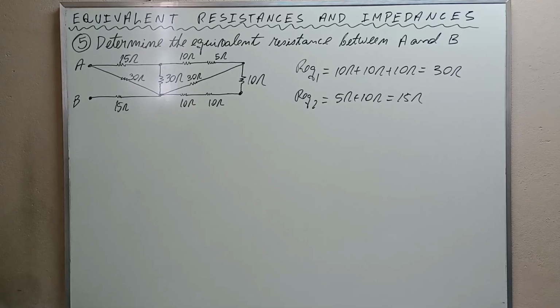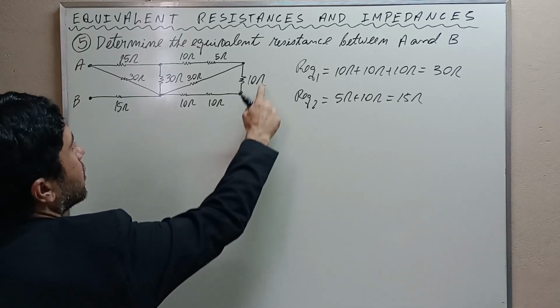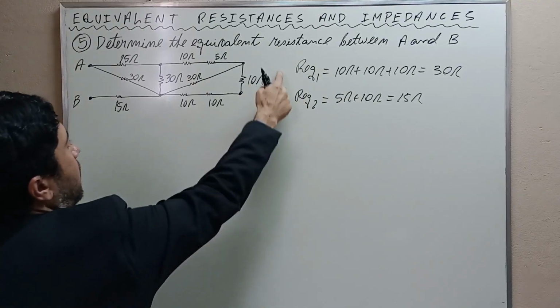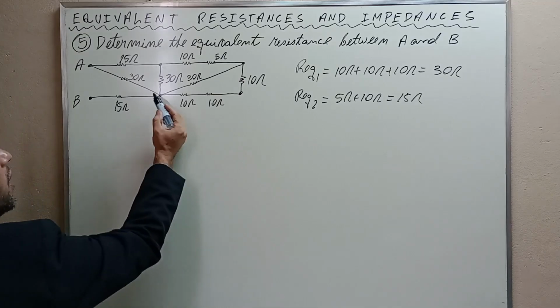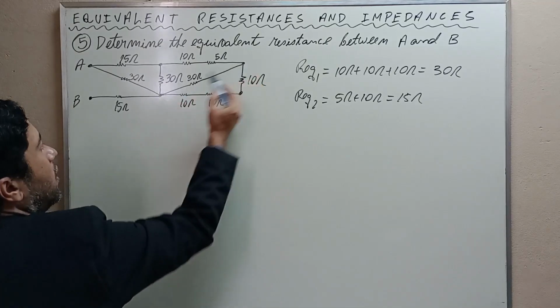Notice now that we have two 30 ohms resistances in parallel. We have 30 ohms here, okay, in parallel with these 30 ohms. They share two terminals, here and here.